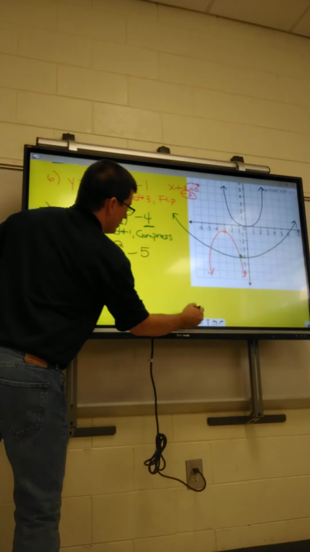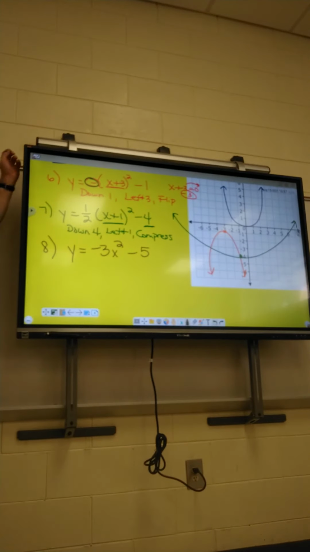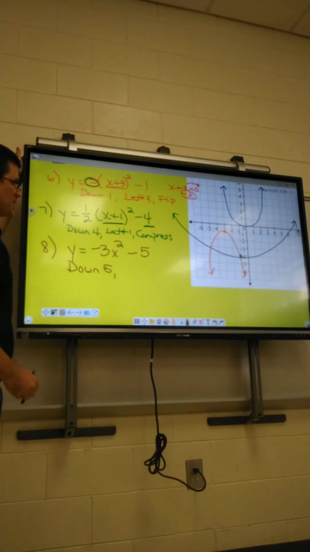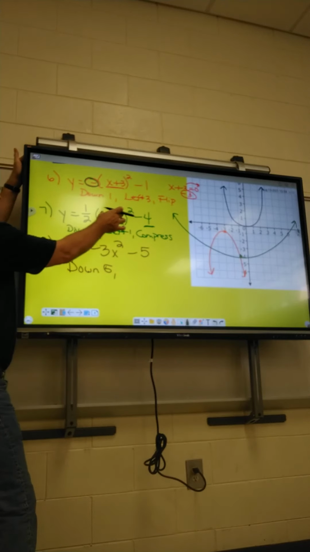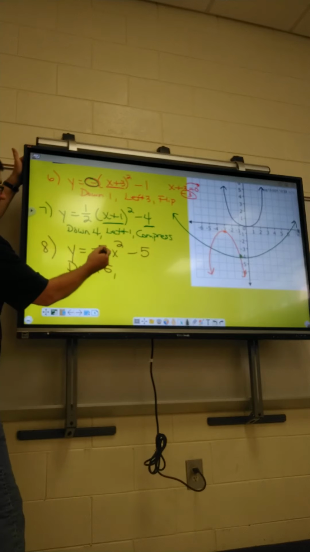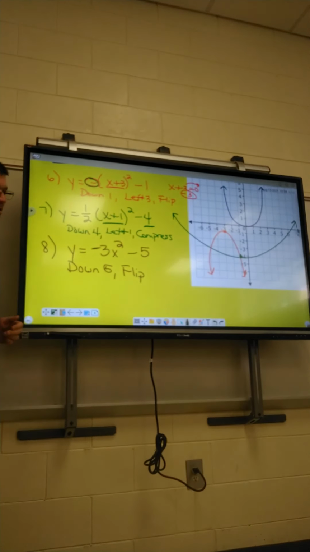All right, let's go to 8. Down 5. This one is actually missing parentheses, so I get to skip the whole right or left. But it's got a negative in front, and it's got a 3. Well, we know the negative flips it. How about 3? If it's a fraction, you compress it, which makes it fat.